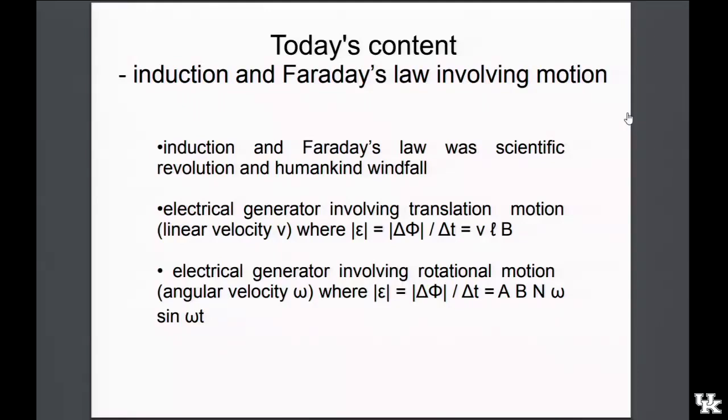So they're turning mechanical energy into electrical energy. And that's very valuable. So we're going to talk about an electrical generator that involves translational motion. That's going to be our first example. And then we're going to talk about an electrical generator that involves rotational motion. That's going to be our second example.